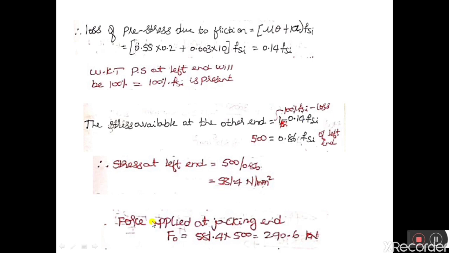Therefore, the force applied at jacking end: we know the stress at left end, and we know the cross section area of the tension steel. Therefore, initial pre-stressing force is equal to stress into area. So stress is 581.4 into area is 500, so 290.6 kilonewton is the initial pre-stressing force which is applied at left end.